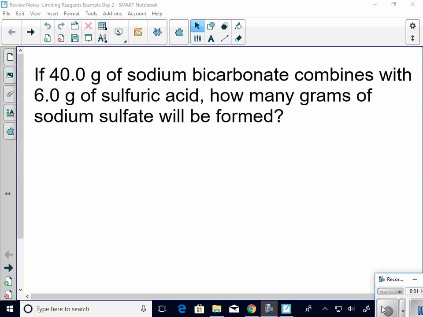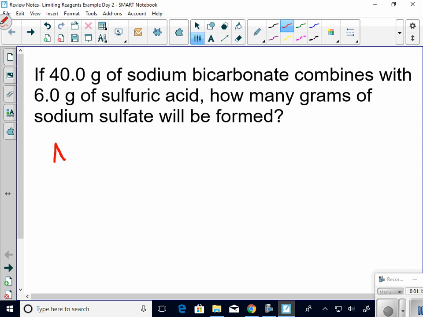We know that we have sodium bicarbonate. Sodium is a +1. Bicarbonate is HCO3, polyatomic -1. Sulfuric acid, H2SO4. That's rule number 3 of your acid rule.